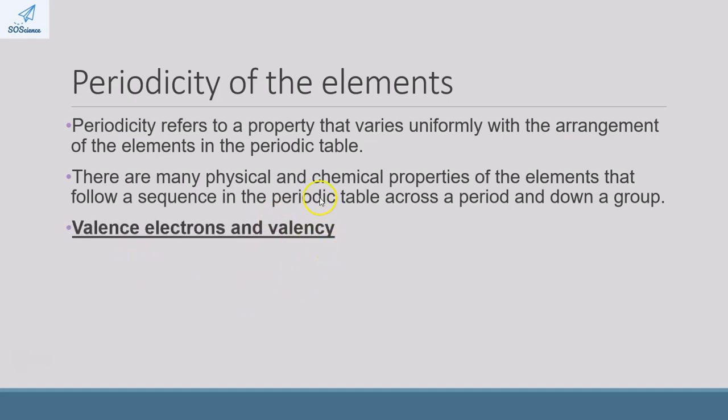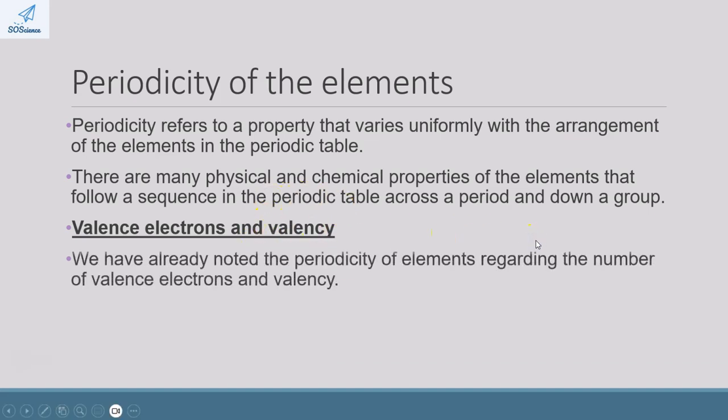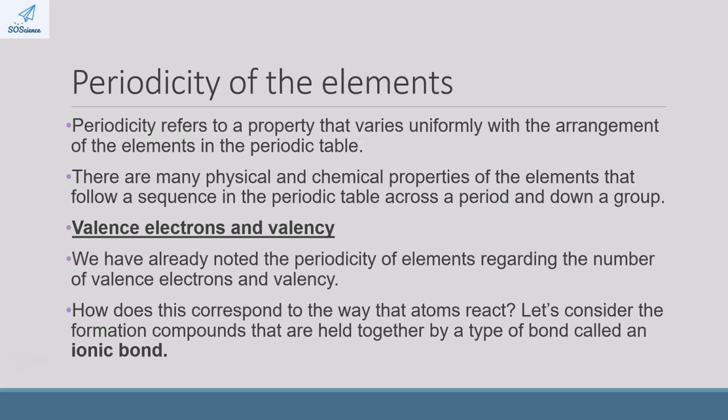What we're going to do now is look at how the valency corresponds to a certain type of bond known as an ionic bond. So we've noted the periodicity of elements regarding the number of valence electrons and valency. How does this correspond to the way that atoms react?